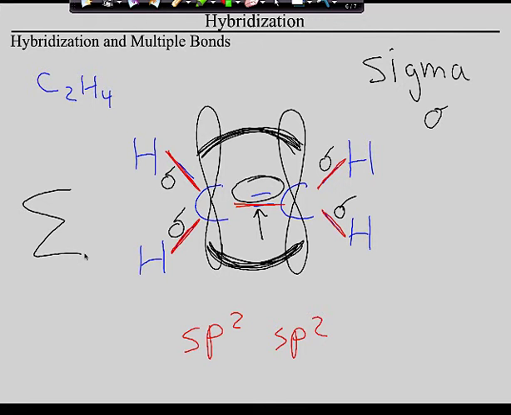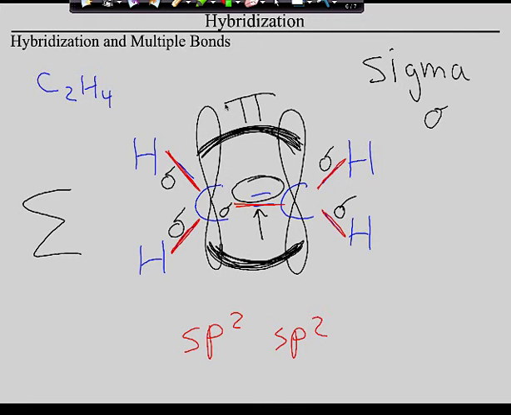Now, what about this double bond? Well, guys, this bond right here is a sigma bond. It is formed by sp2 hybrid orbital overlap. Now, guys, what about this bond that we've drawn in black that is above and below? This is what is called a pi bond.